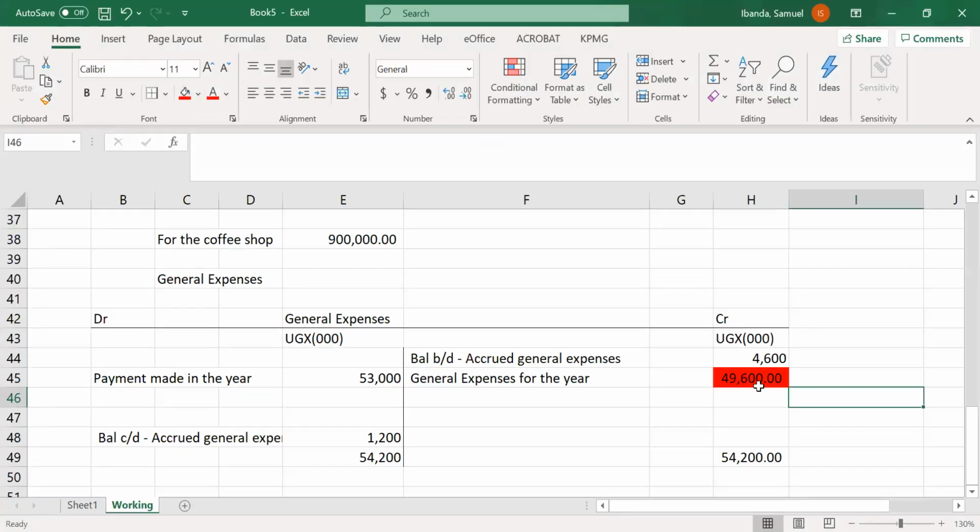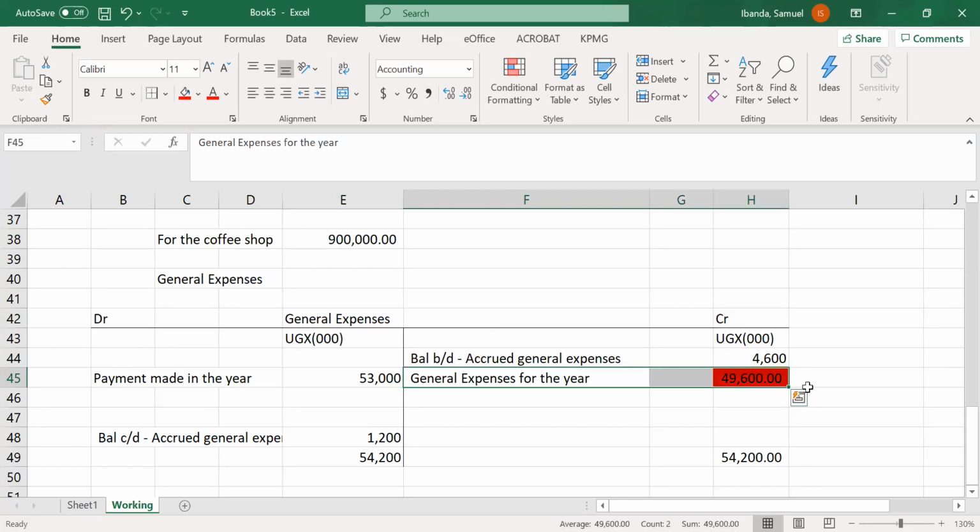Whatever we have just done there is what a layman may try to figure out. But that is solved by us drawing up our so-called general expenses account. This general expenses account has helped us determine this 49,600 in a simpler way, rather than having to think about it systematically like that. So that is how this is done.